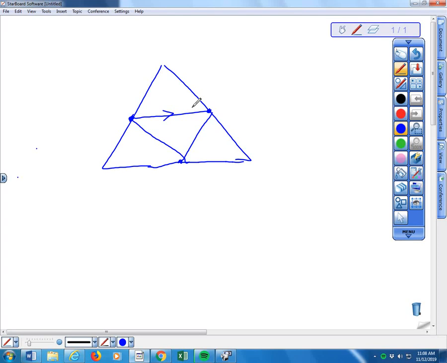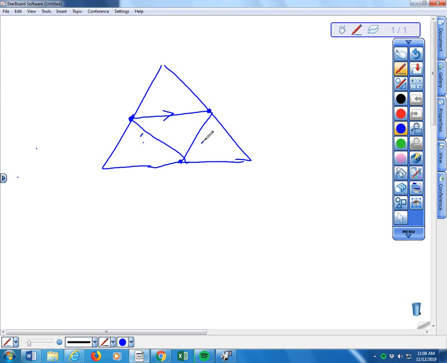This segment, this midpoint here, is parallel to this side, and it's half the distance of that side. And this segment here is parallel to this side, and it's half that distance. Can you see the pattern here?